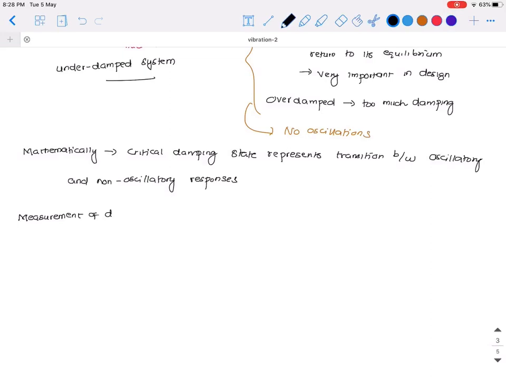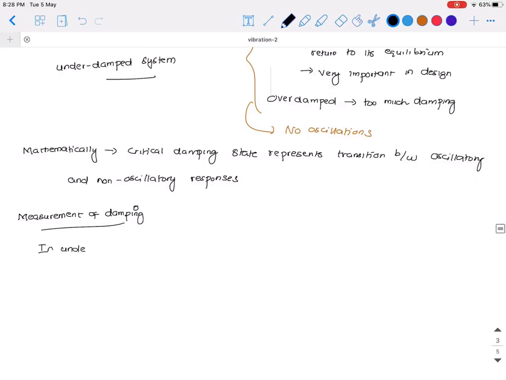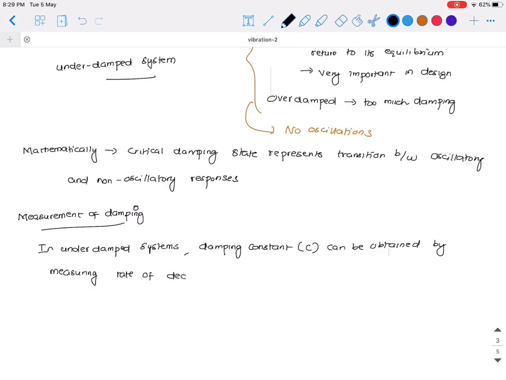So measurement of damping: in underdamped systems, the damping constant C can be obtained by measuring the rate of decay of unforced oscillations.